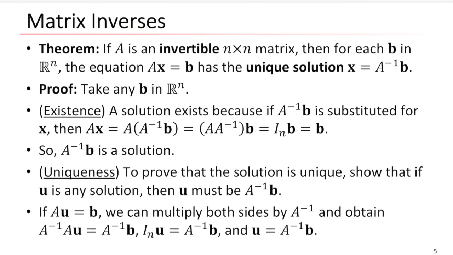Here is one more theorem. Let's say matrix A is an invertible n by n matrix. Then for each vector B in R^n, we are interested in Ax equals B, which we have studied until this lecture.